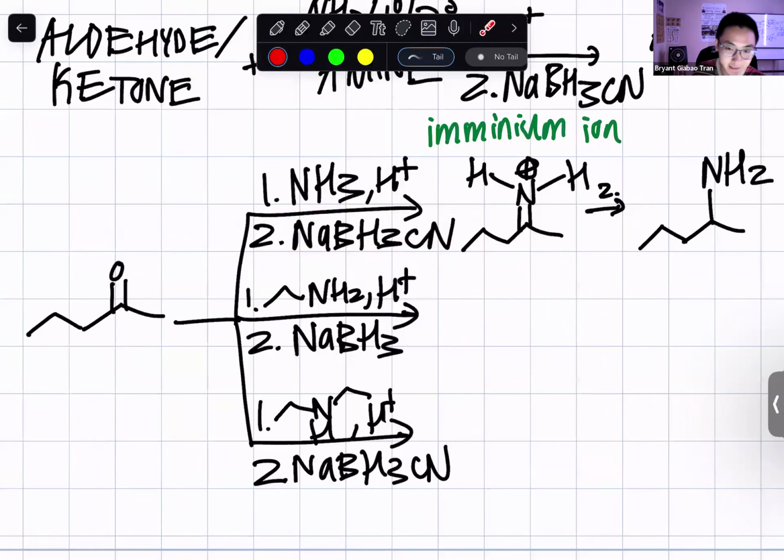This is why understanding the mechanism is really important, because sometimes professors switch things up and use another reducing agent, and then you're like, what the heck is going on here? I've never seen this before. So you've got to know what's the nucleophile, what's the electrophile, what's being reduced, what's being oxidized. When you see a reducing agent, you ask yourself what's being reduced and why that's being used instead of the other ones.